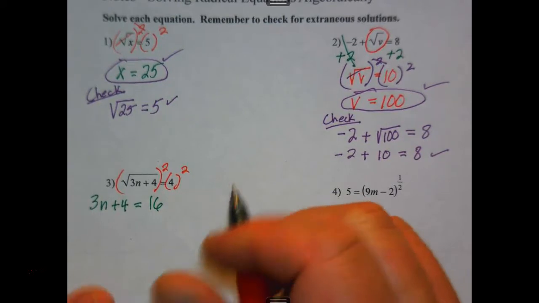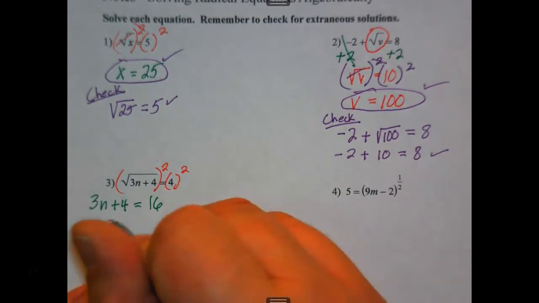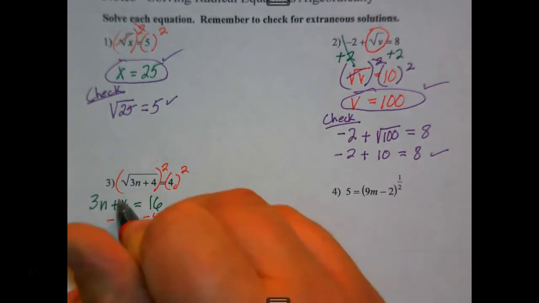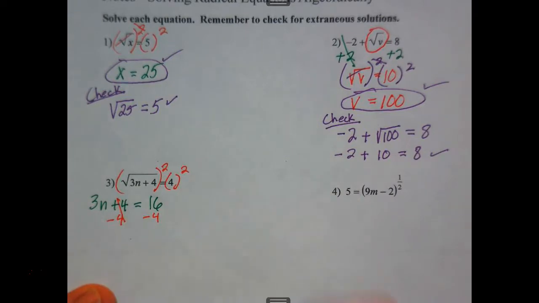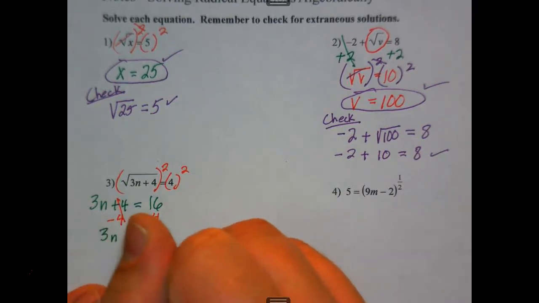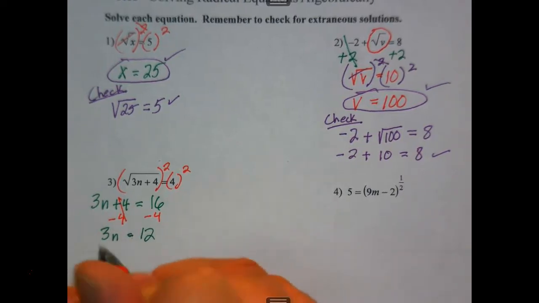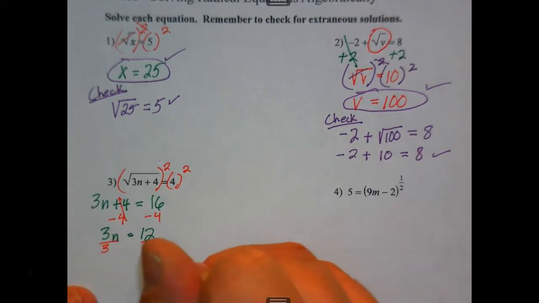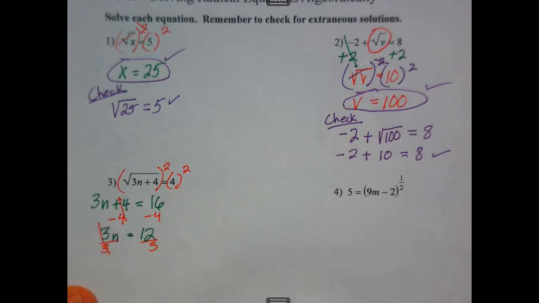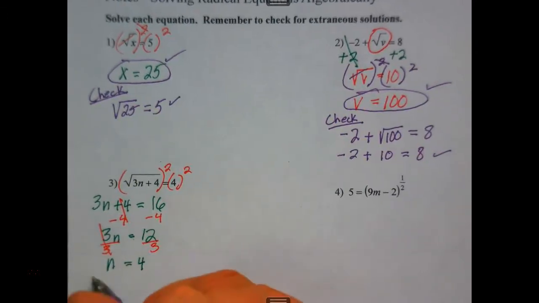I'm going to subtract 4 from each side, and I get 3n equals 12. Divide by 3. Divide by 3. I get n equals 4. Need to check it.